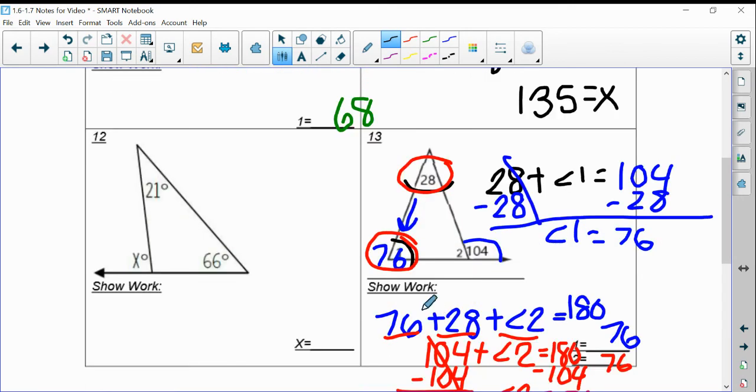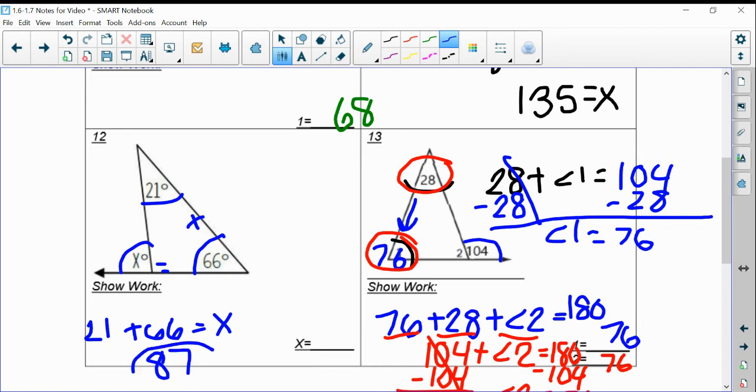All right. And then for 12, again, our 2 non-adjacent angles. So we're looking for X. 2 angles not touching X in the triangle added together are going to equal X. So 21 plus 66 equals X. And then we should have got 87 as that exterior angle.